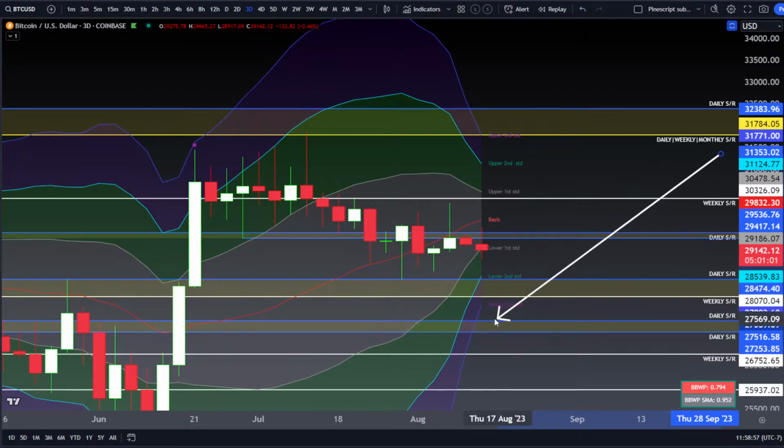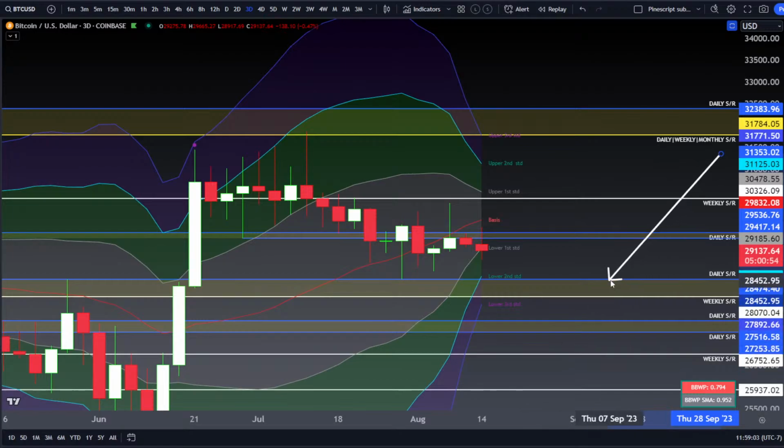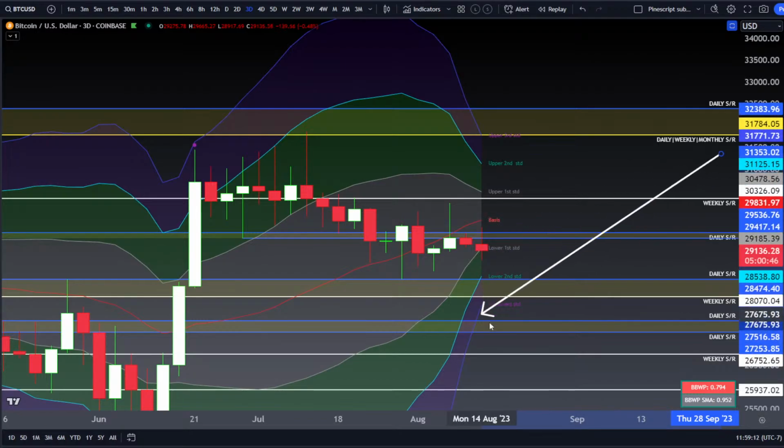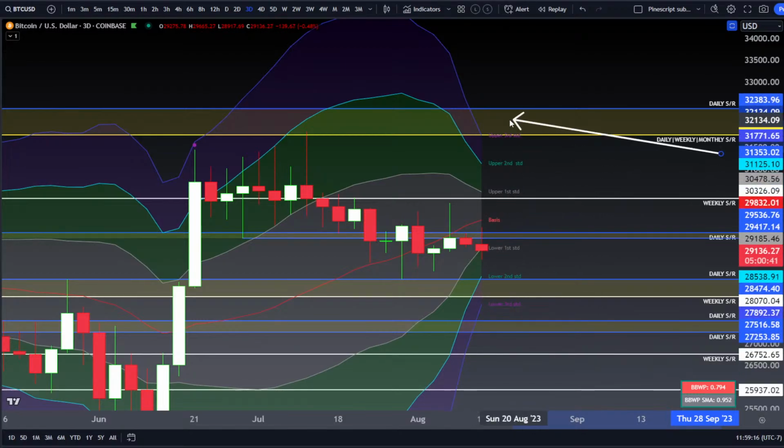We could even see wicks all the way through down to the daily supports underneath at 27.5, 27.250, and then that weekly down there at 26.750. Now, I know I've already said this a few times, but the setup would be that initial volatility, likely, if it were to pop down, gets bought back into the bands here. Same for the upside.